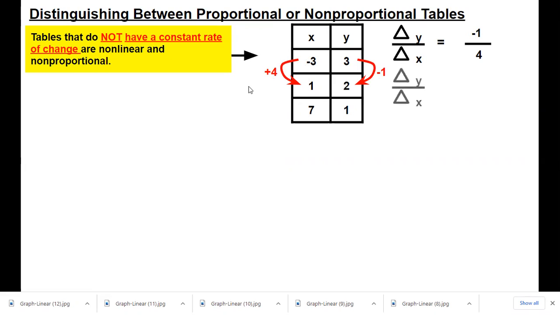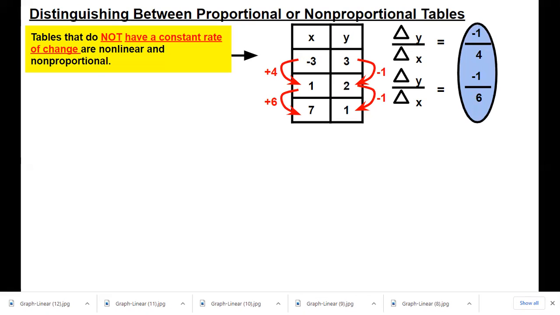Let's go to the next set of points. Change in y over change in x. From 2 to 1, it's a change of negative 1. And from 1 to 7, it's a change of positive, or it should be negative 6. No, positive 6, it's going up. Okay, so then y is negative 1, x is 6.